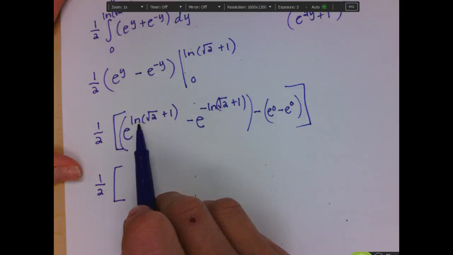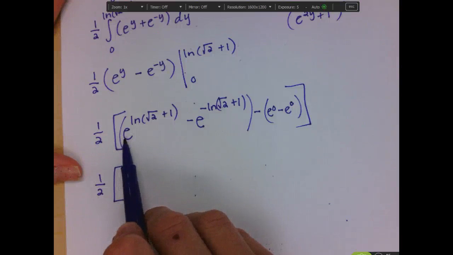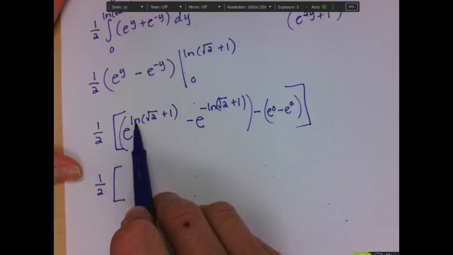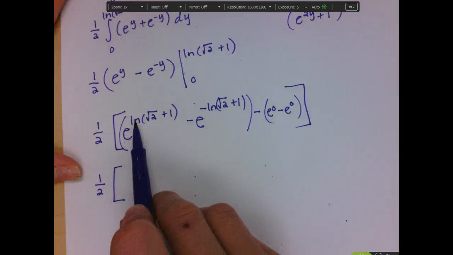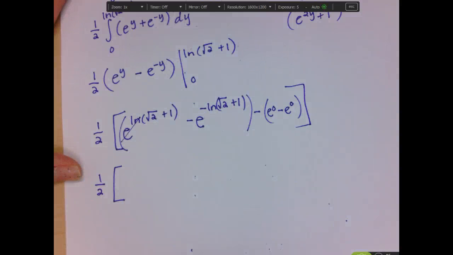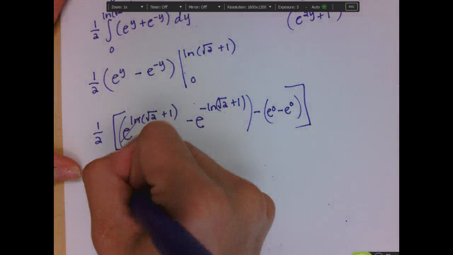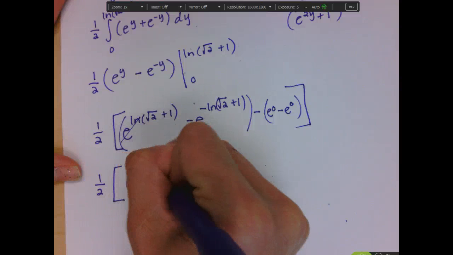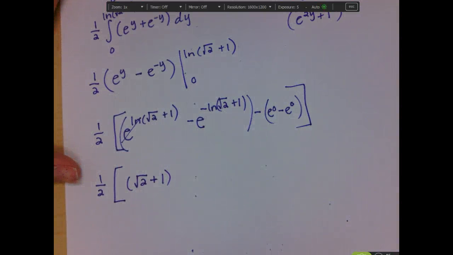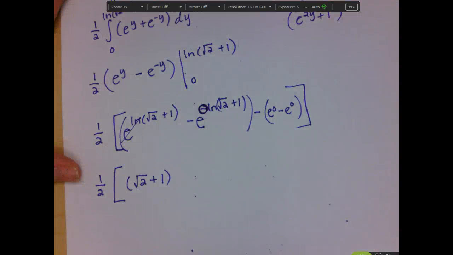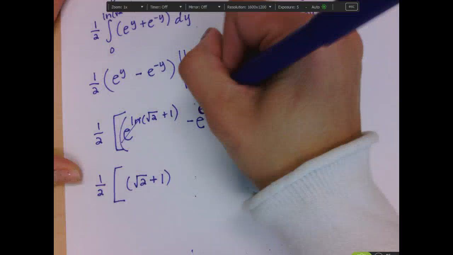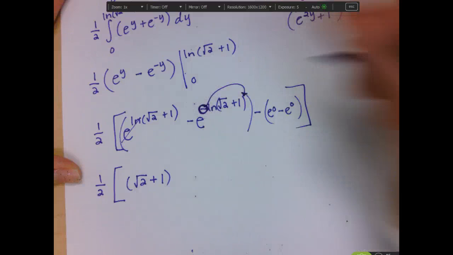Simplifying, when you take a base and raise it to a power where you've got an e and a natural log, those actually cancel each other out and all you're left with is the argument. So in that term, I have just the argument square root of 2 plus 1. Next term is tricky. Remember with logarithms that if you have a constant multiple, it's really the power.